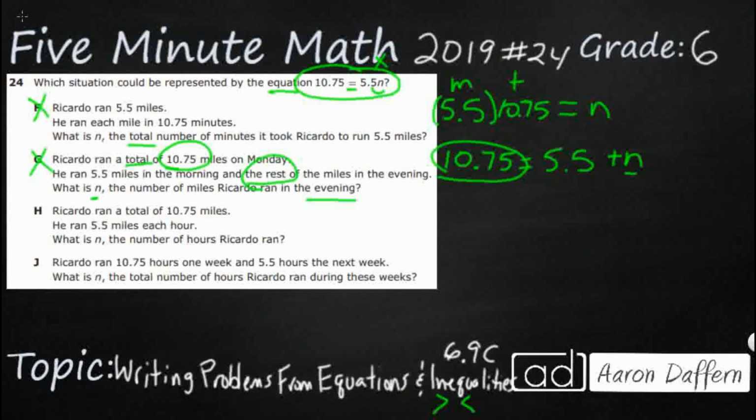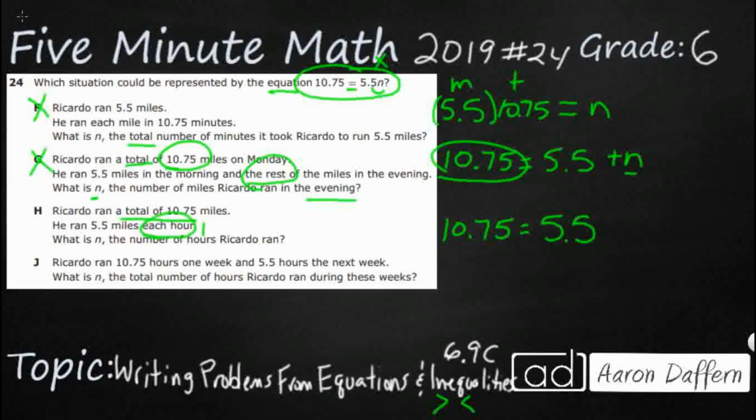Let's look at H. Ricardo ran a total of 10.75, so total of 10.75. Let's write that right here, 10.75. He ran 5.5 miles each hour. And what is n, the number of hours that he ran? So that's looking a little bit better. So we've got 5.5 miles per hour.